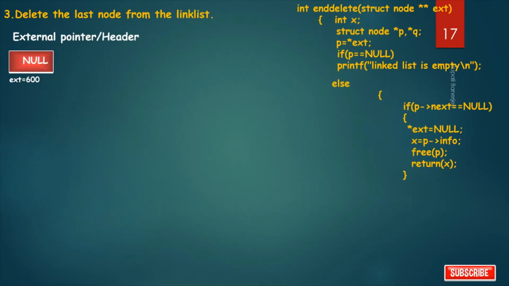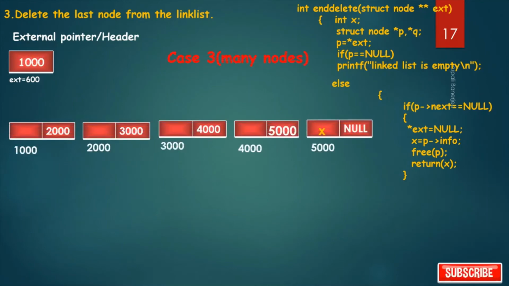Case 3, many nodes. There is an existing linked list and I want to delete the last node of this linked list. So what do you have to do? You have to traverse the whole linked list till we get the last node. When I get the last node, I want to delete that node and return the info.